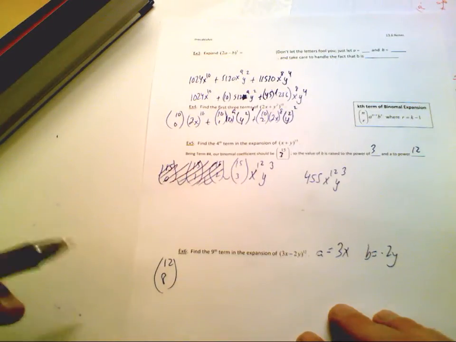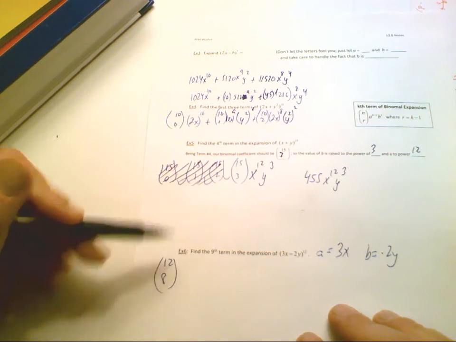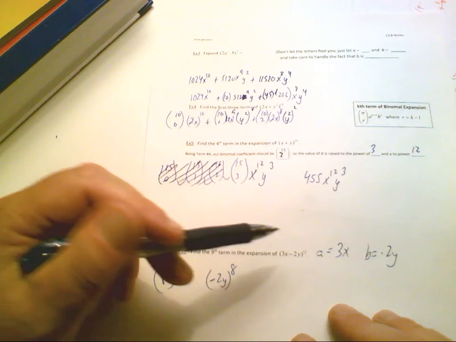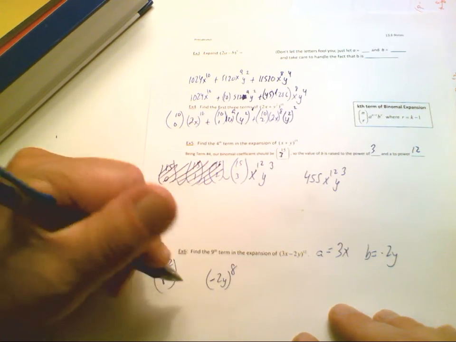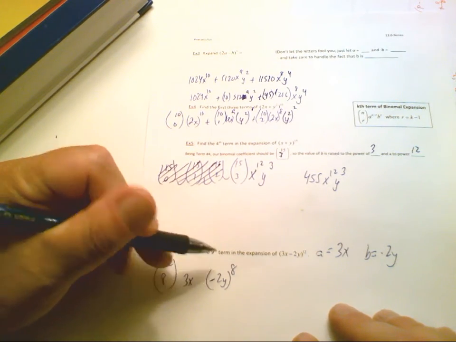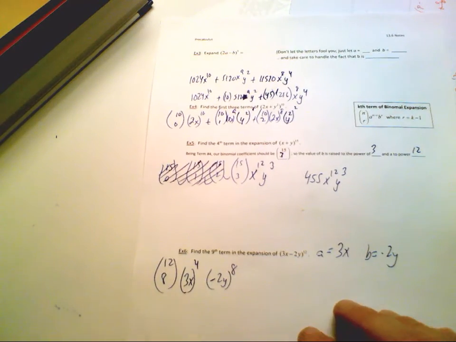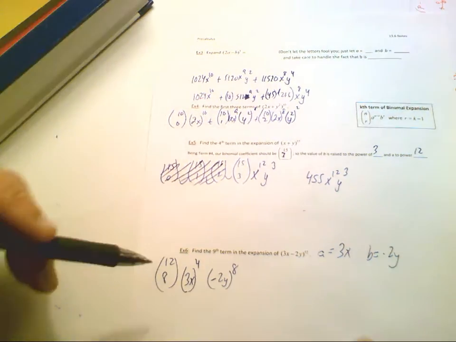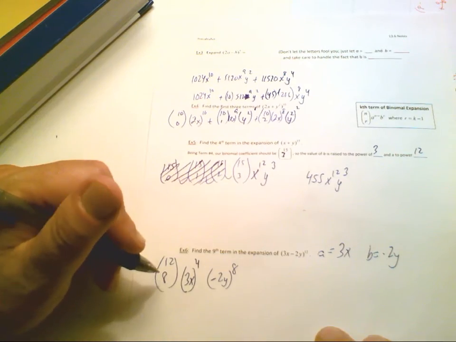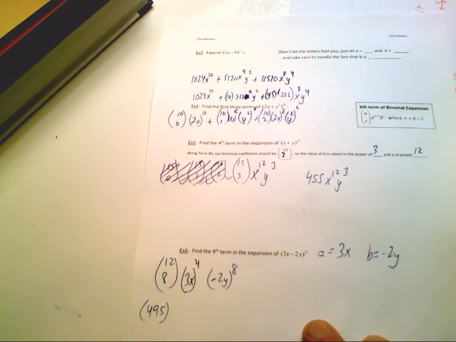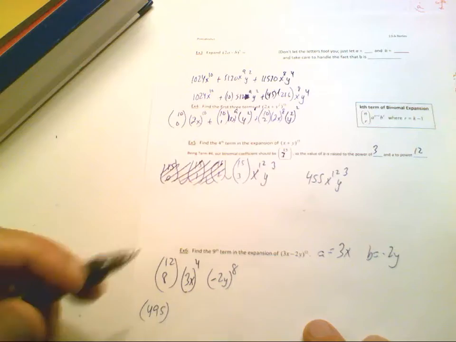Let's go ahead and build. b must go to the 8th power, negative 2y to the 8th. 3x must go to the 4th power, since 4 plus 8 equals 12. So I'm in pretty good shape here. I have my pieces, so I do a little bit of work. A 12, 8 combination becomes 495. 3x, that whole thing raised to the 4th, well, 3 times 3 times 3 times 3 is 81.